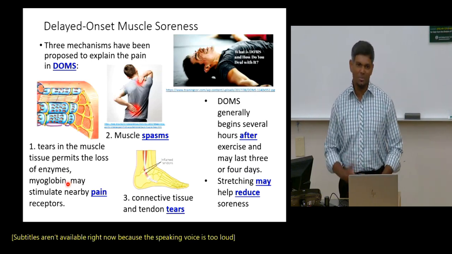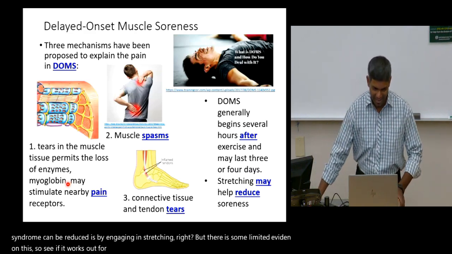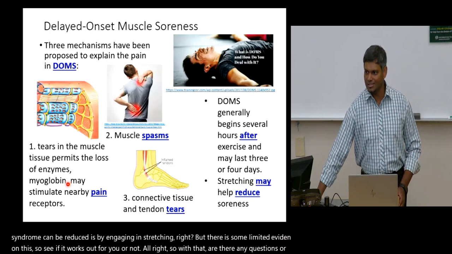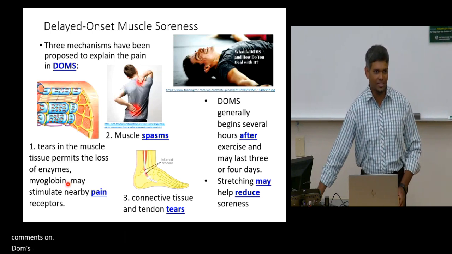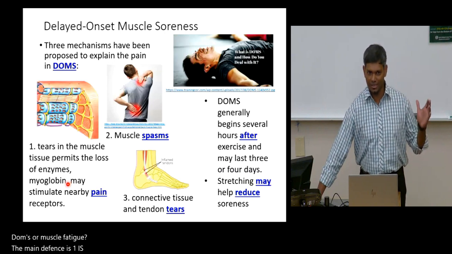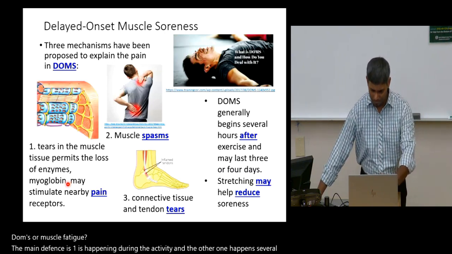But there is some limited evidence on this, so see if it works out for you or not. All right. So with that, are there any questions or comments on DOMS or muscle fatigue? The main difference is one is happening during the activity and the other one happens several hours after the activity.